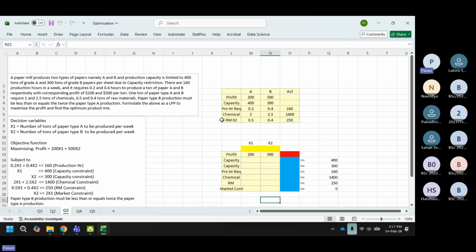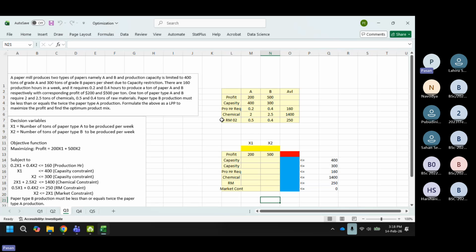They have a limitation of 400 tons from A, and from B they are producing only 300 tons, and that's one of the restrictions they have, right?